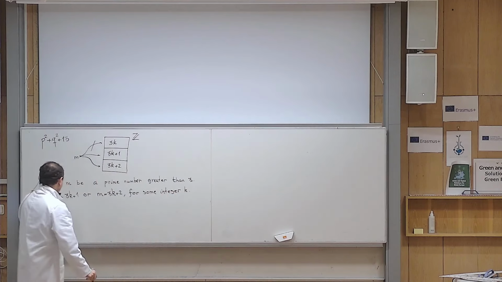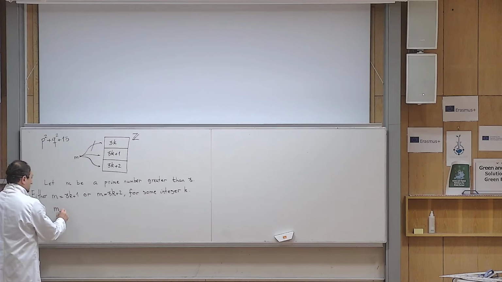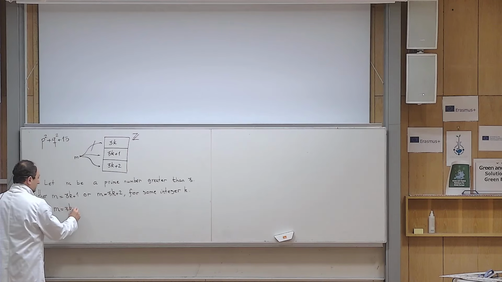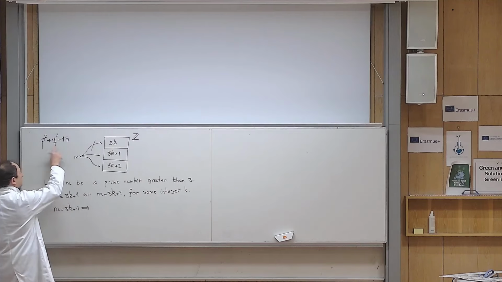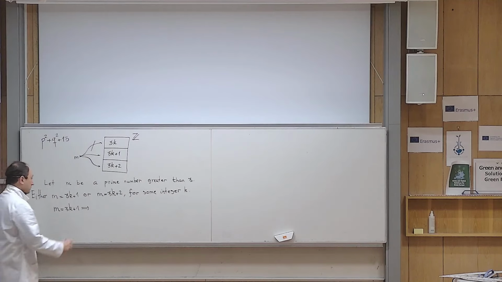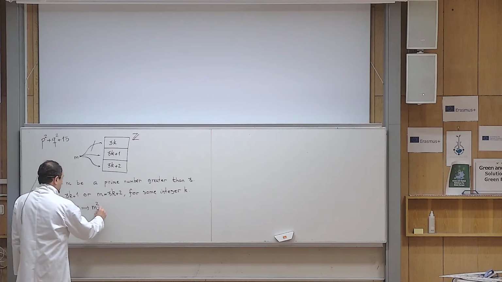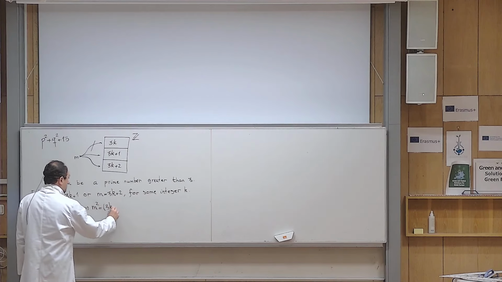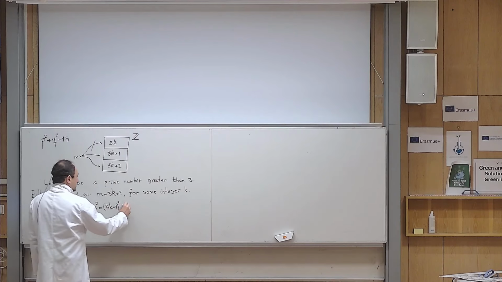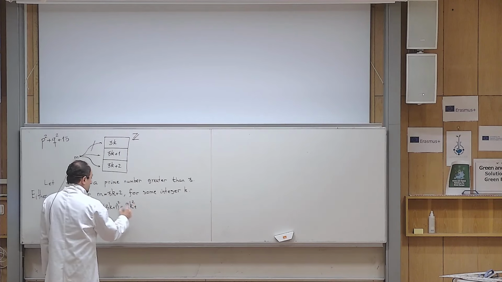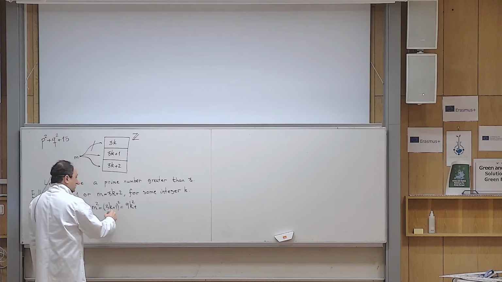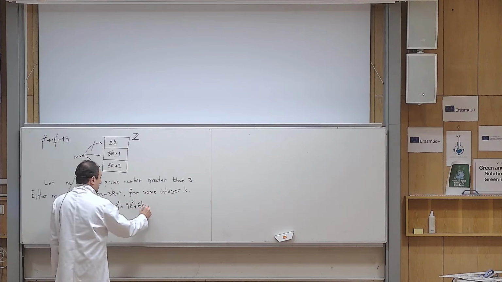If M is in this form, let us understand a little bit about the square, because squares of those numbers are involved. So I square it, it becomes M squared is equal to (3k plus 1) squared. It becomes the first one squared, 2 times the first one times the second one, and then the second one squared.